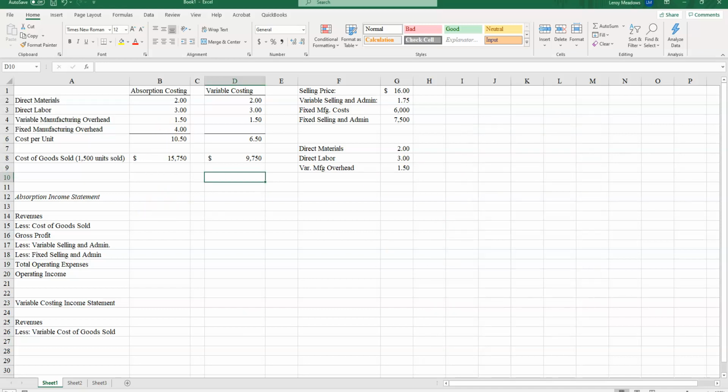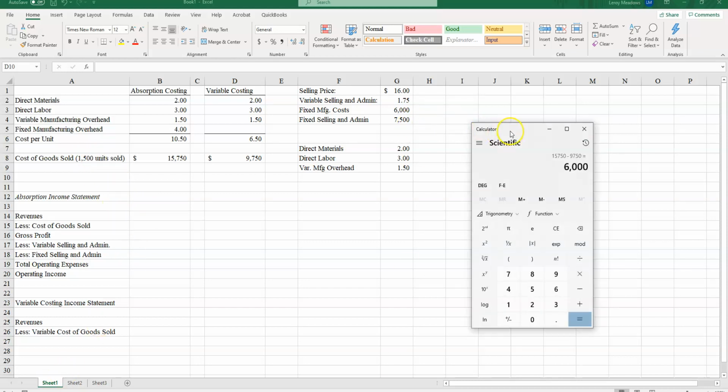So let's take a look at the absorption costing income statement. Under absorption costing, it's just a traditional gross margin or gross profit format income statement. So let's say I sold 1,500 units. Based on that, how much in revenues did I receive?